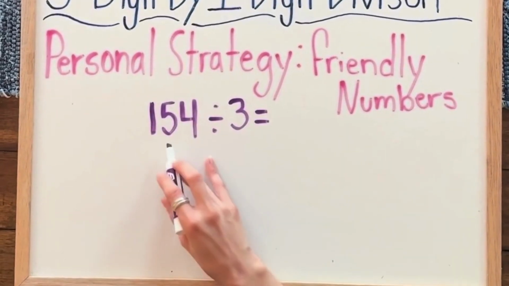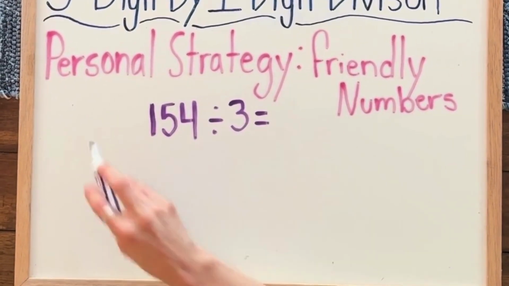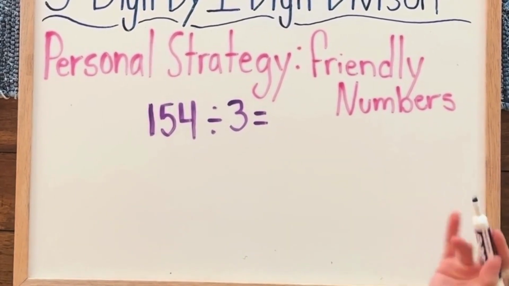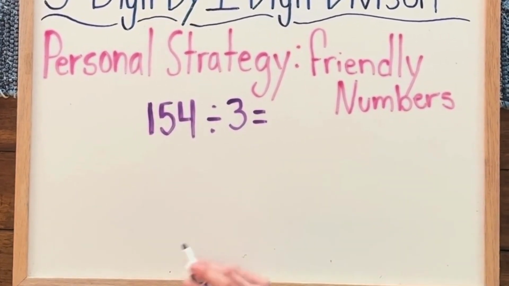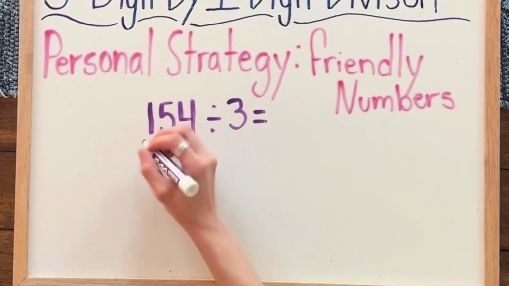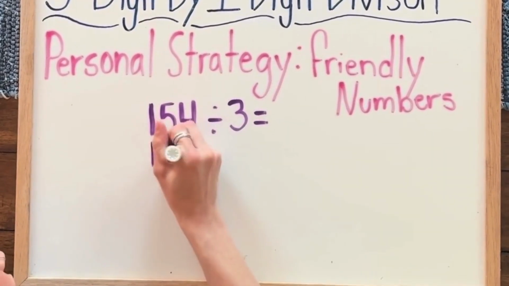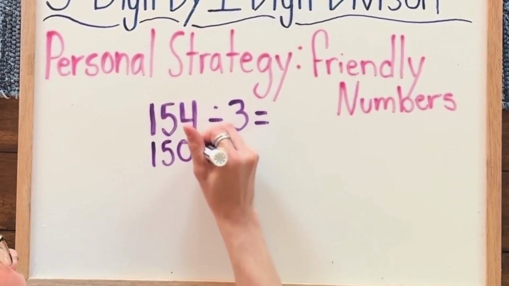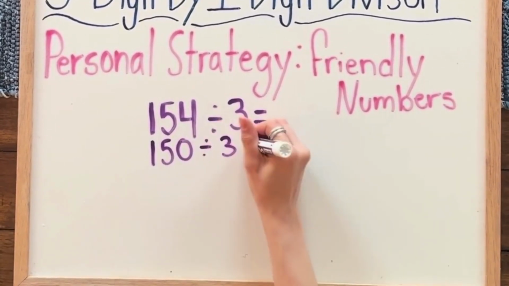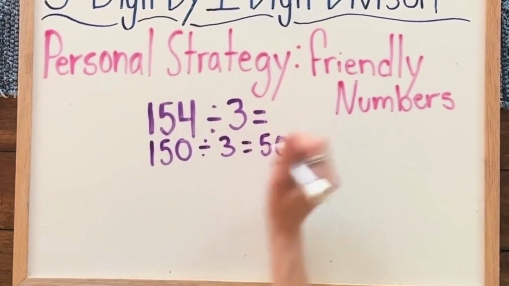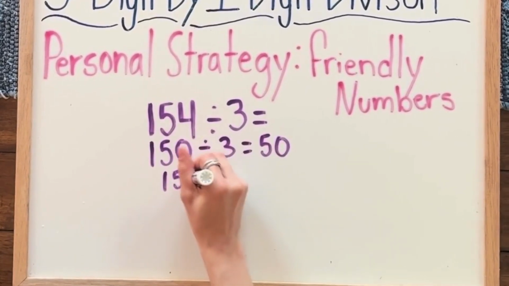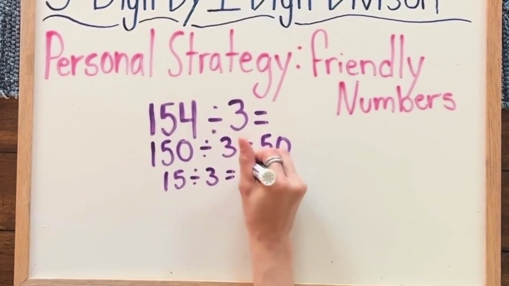Now we are going to solve 154 divided by 3 using my personal strategy, which is friendly numbers, also known as compatible numbers. To make this into a friendly number, we're going to turn it into 150 divided by 3. We know that'll give us 50 because 15 divided by 3 is 5.